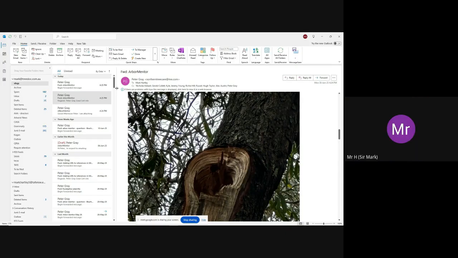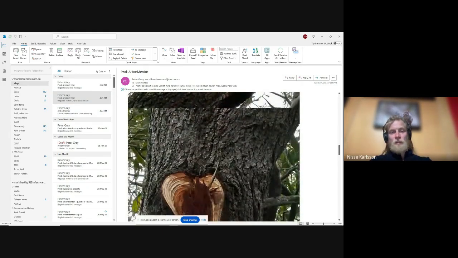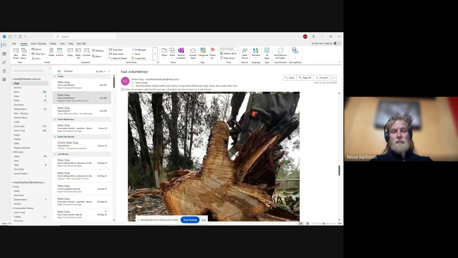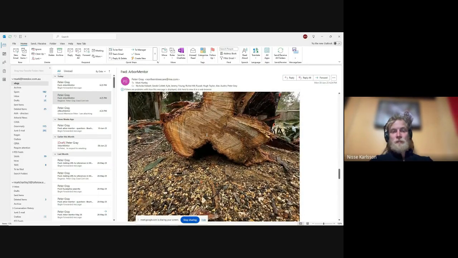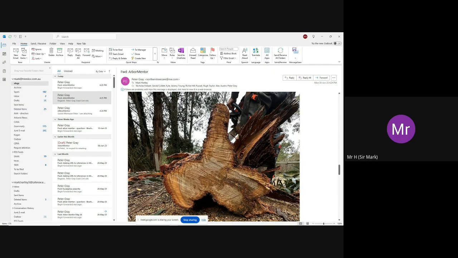Okay. And just quickly on the target canker, what do you reckon about the structural stability? Obviously, there's a lot of stuff missing if you look at the cross section there. Yeah, look, I think the branch was probably going to have problems physiologically before it had problems structurally.